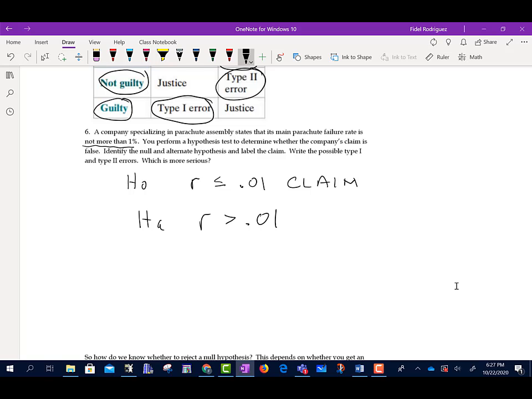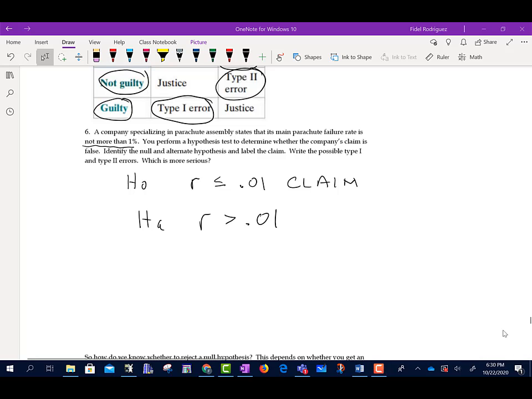Now we're going to perform a hypothesis test to determine whether the company's claim is false. Identify the null and the alternate hypothesis and label the claim. Write the possible type 1 and type 2 errors, and say which is more serious.